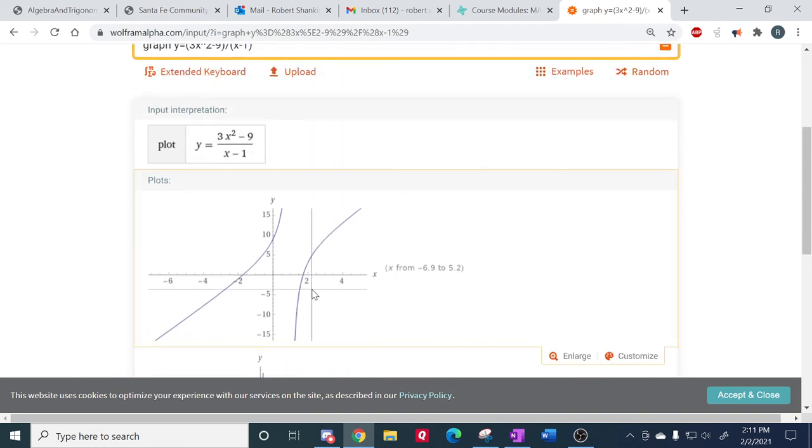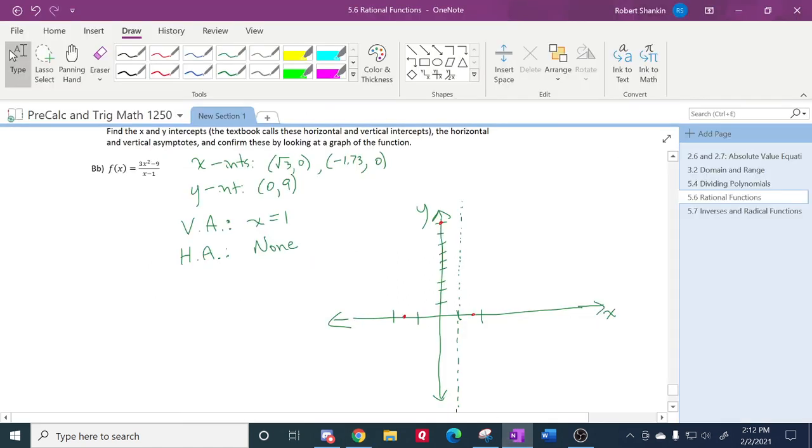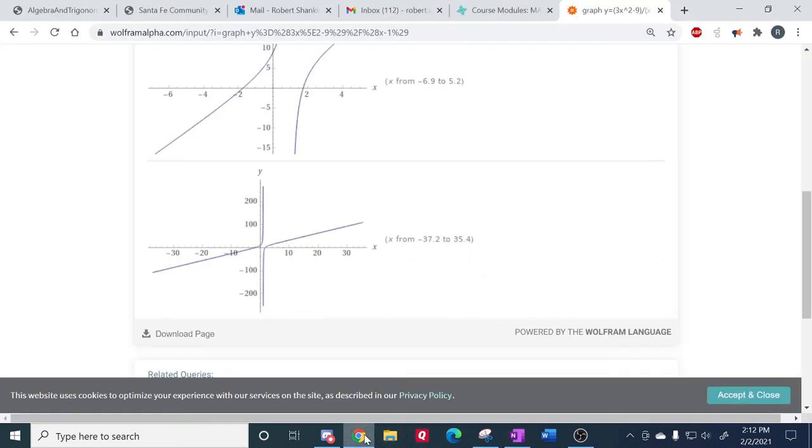And a vertical asymptote at 1 looks right. And it has x-intercepts at negative 1.7, positive 1.7, y-intercept at 9. Everything is consistent. We could finish this graph out. Let me look again over here.